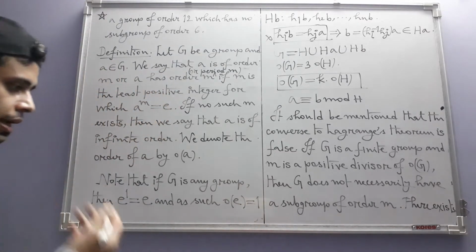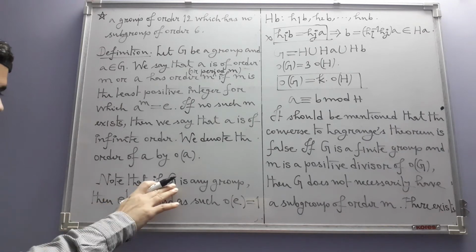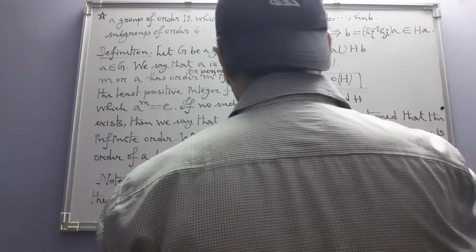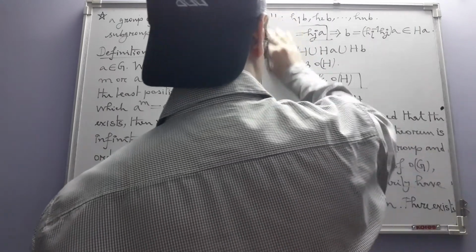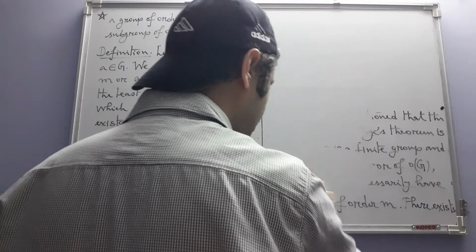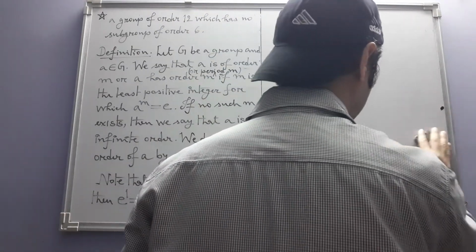This is true in any group. It does not depend on the nature of the group. The identity element always has order 1, and something more is also true. The identity element is the only element of order 1.